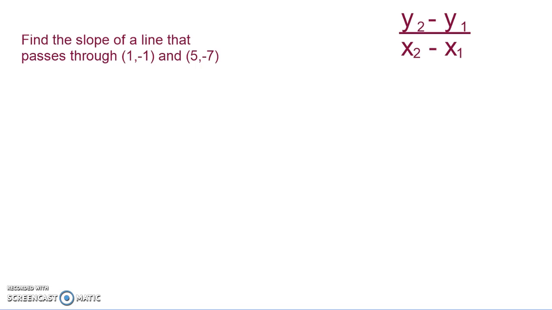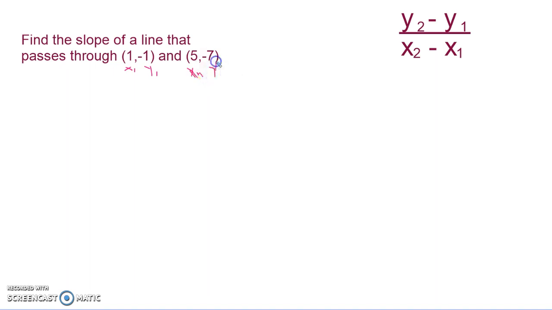In this next example, find the slope of a line that passes through 1, -1, and 5, -7. So I'm going to label this 1 as x1, and I'm going to label this -1 as y1. And I'm going to take 5 and label that as x2. That looks like a y, but it's really not. And then I'm going to label this -7 as y2.